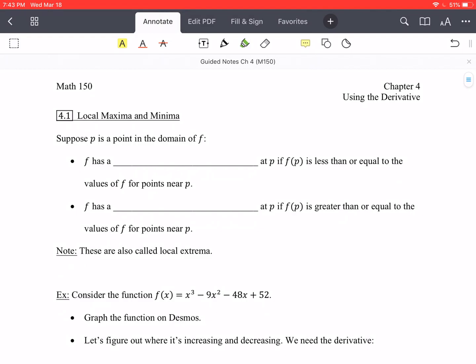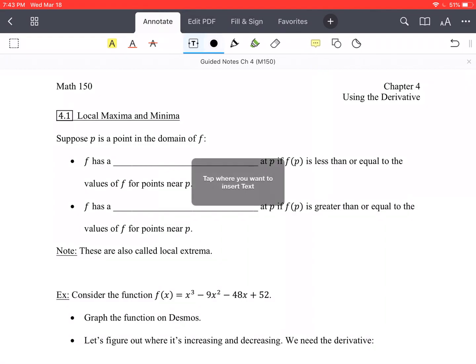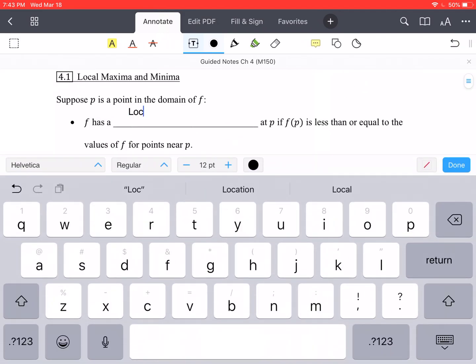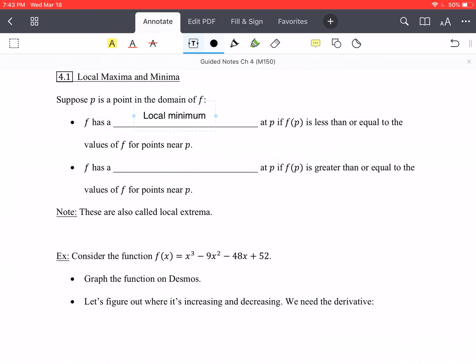So suppose P is a point in the domain of f. We say that f has a local minimum at P if f of P is less than or equal to the values of f for points near P. So this is the key idea right here.